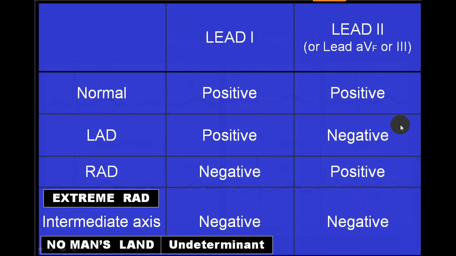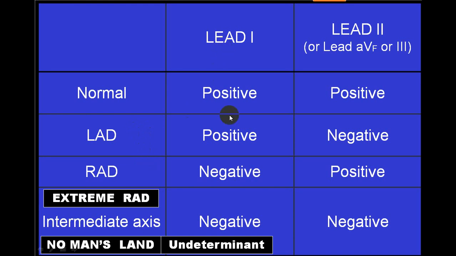Now here you can see lead 1, and you are comparing it with AVF or lead 3, most commonly. If both are positive, it is a normal axis. If lead 1 is positive and AVF or lead 3 is negative, it is a left axis deviation; both are going in opposite directions.